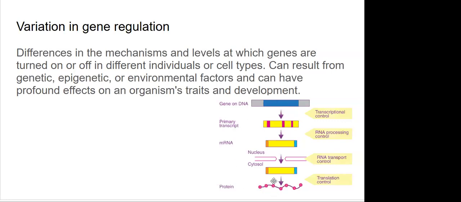It's going to lead to a change in the specific amino acid sequence. But there are other things you can do to change the expression of the protein, so whether it's there or not. You can change it at transcription, you can change it at the RNA processing, you can change how the RNA gets out of the nucleus, and then you can also change whether or not the ribosomes are going to bind and lead to translation.